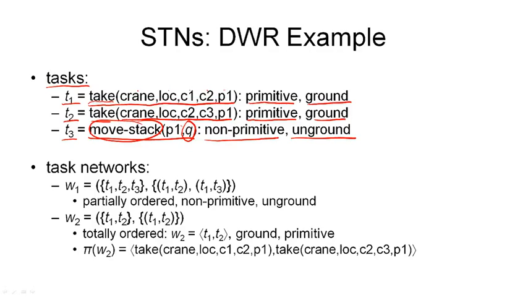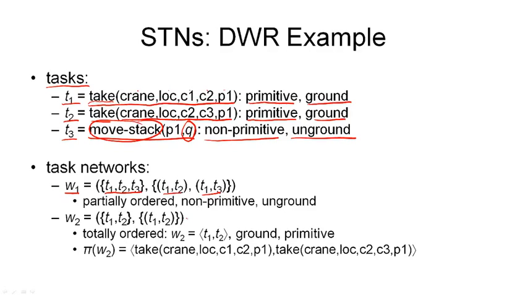So given these three tasks, we can now form task networks. And the first network we have is W1, and it consists of all three tasks defined above, T1, 2, and 3. And it has two ordering constraints, namely T1 before T2 and T1 before T3.